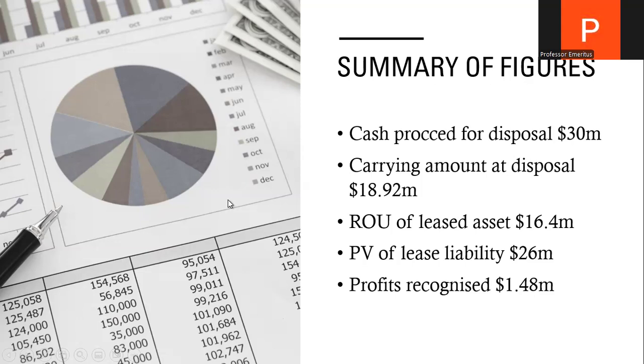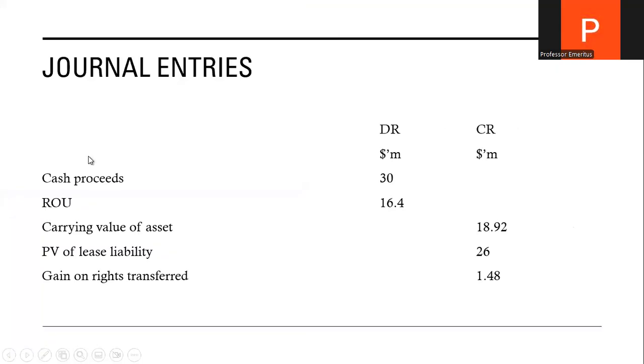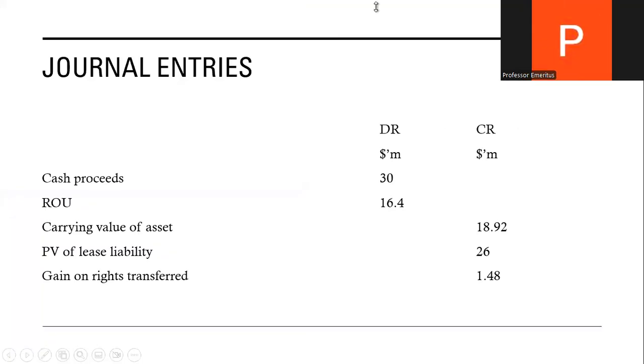You can now proceed to do the journal entry. So you have the debit and the credit. The cash proceeds received will be debited. The right of use of the leased asset, 16.4 million, will be a debit.